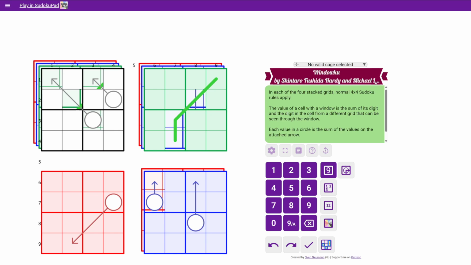The value of a cell with a window, so that would be like this, is the sum of its digit and the digit in the cell from a different grid that can be seen through the window.